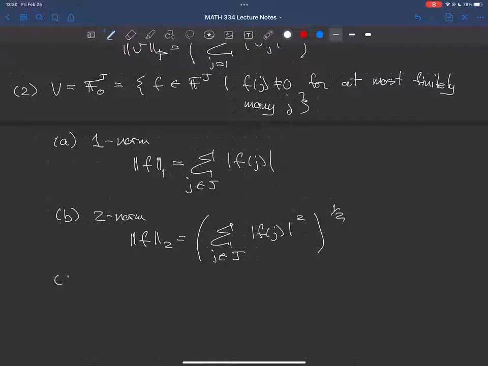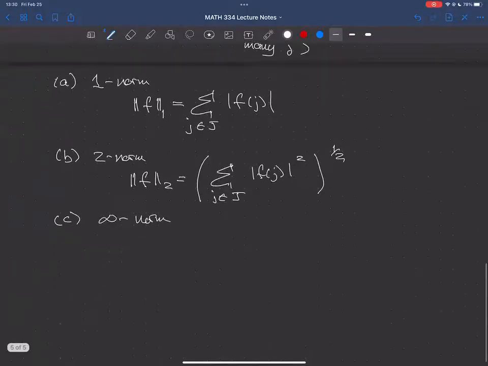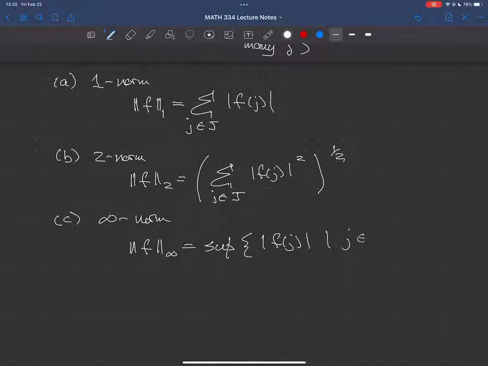And the infinity norm is, okay. And so again, in this definition, that sum is finite, really.